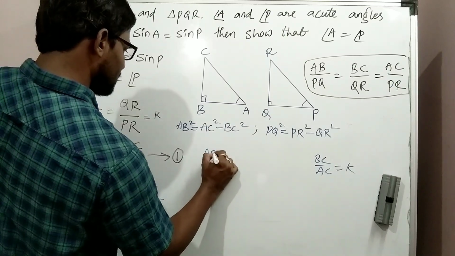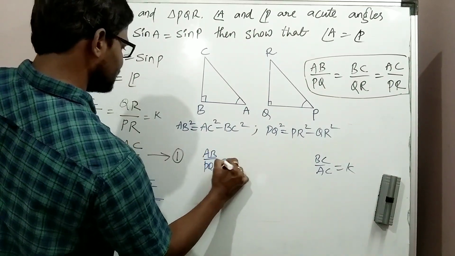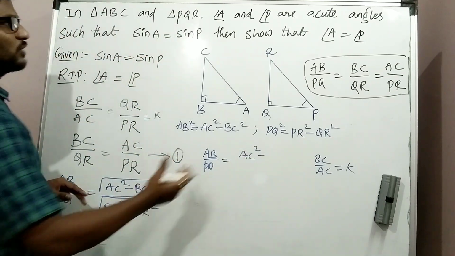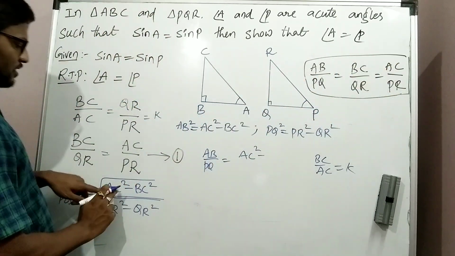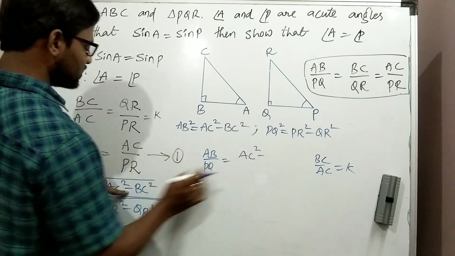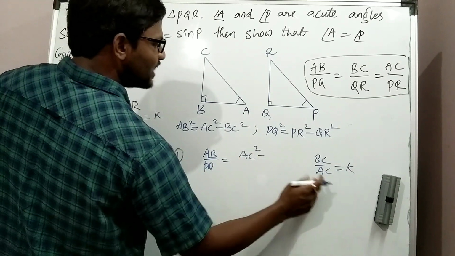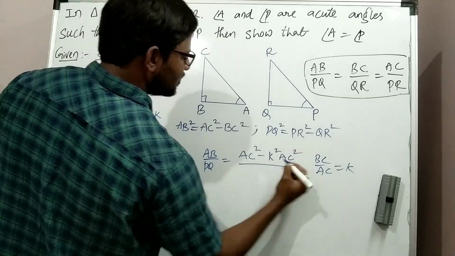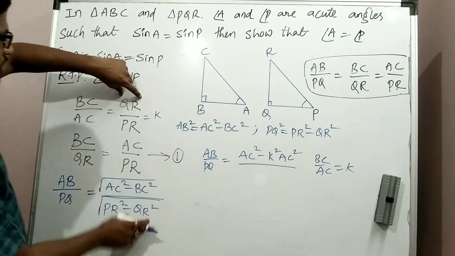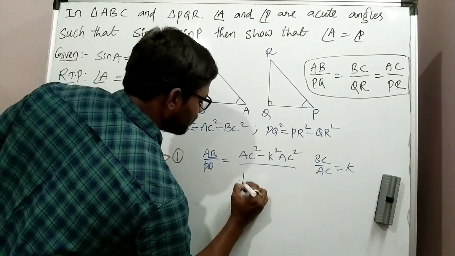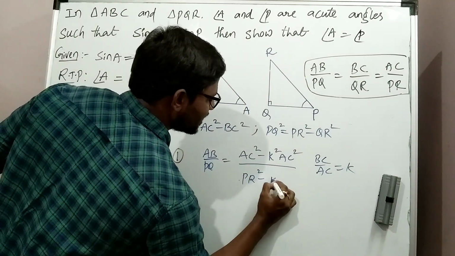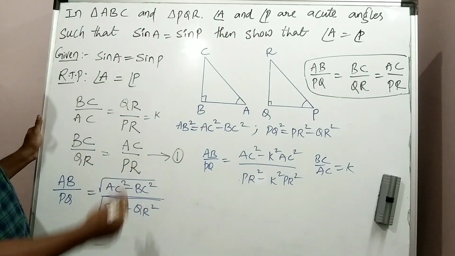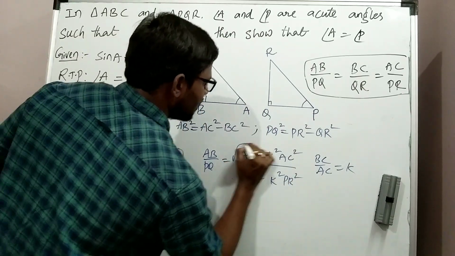So here AB by PQ equals the square root of AC square minus, because we have to prove in terms of AC and PR, in place of BC square write K square AC square. Similarly, in place of QR, write K into PR, so PR square minus K square PR square, under root.